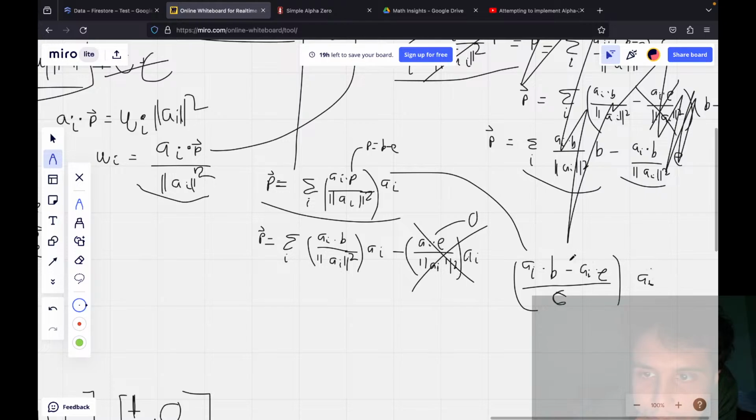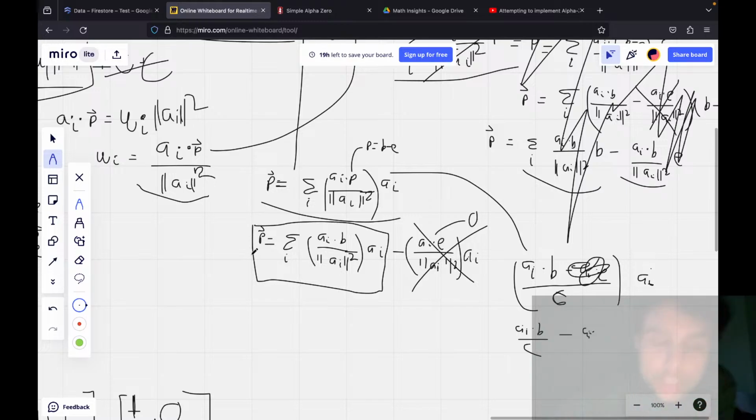Basically we split that out as AI dot B over C minus AI dot E over C, and we know the second part zeroes out anyway, so we're left with AI dot B over C times AI, where C is this bottom thing. So indeed, what we got is correct.